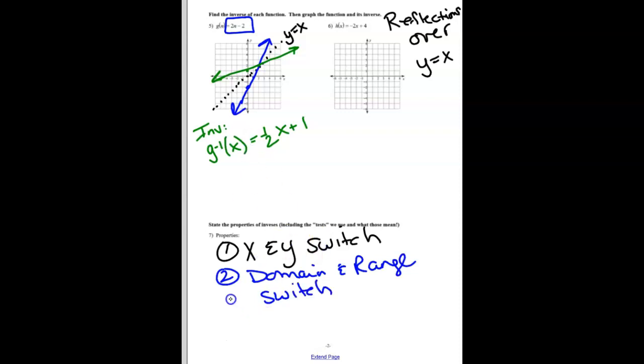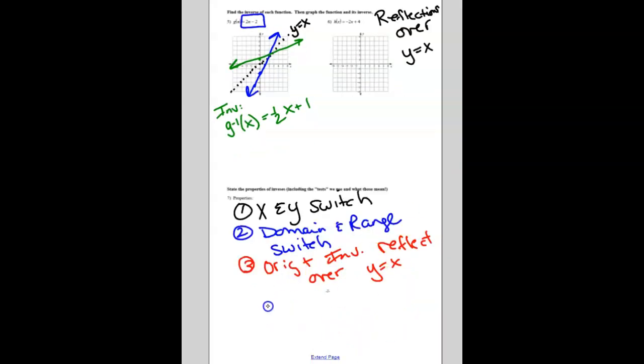The third property we just saw up here on number 5, the original and the inverse reflect over the line y equals x. I apologize for my horrible handwriting. My goodness, this is extra bad.